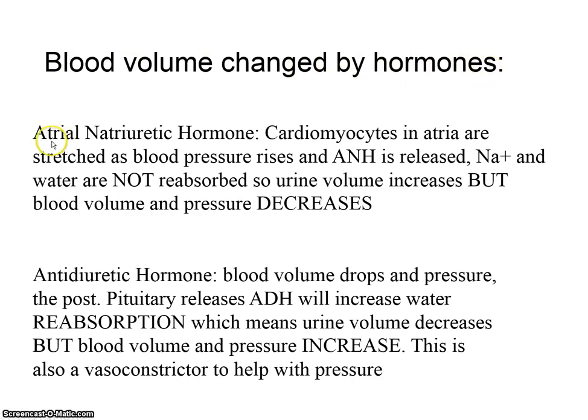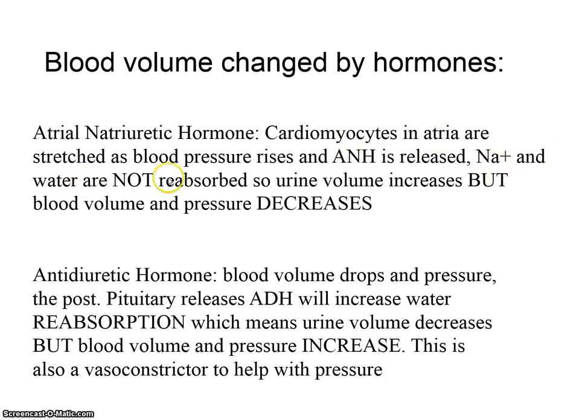Again, what we've already looked at, atrial natriuretic hormone and antidiuretic hormone. So these are specific hormones influencing blood volume. Atrial natriuretic hormone: I say the cardiomyocytes, the heart cells in the atria, are stretch receptors too, like the baroreceptors. And as blood pressure rises, and it could rise because blood volume has gone up, this hormone is released by these cells.